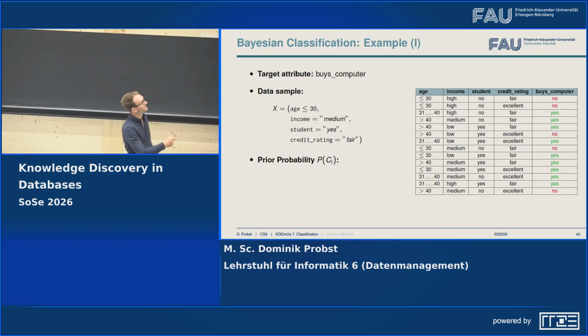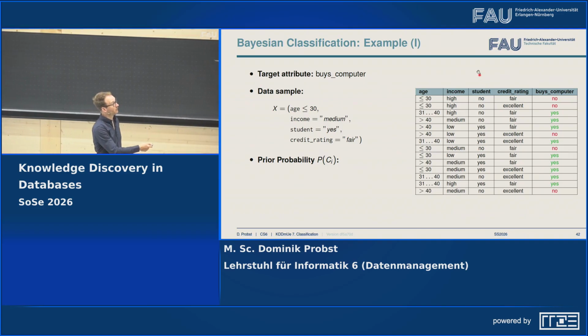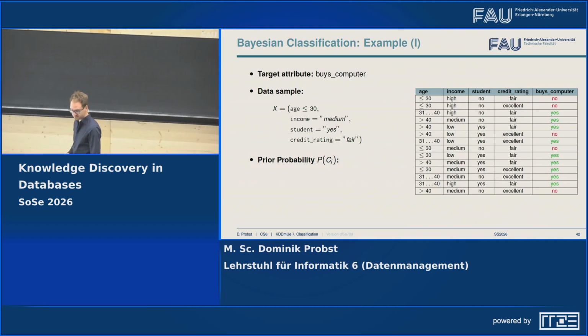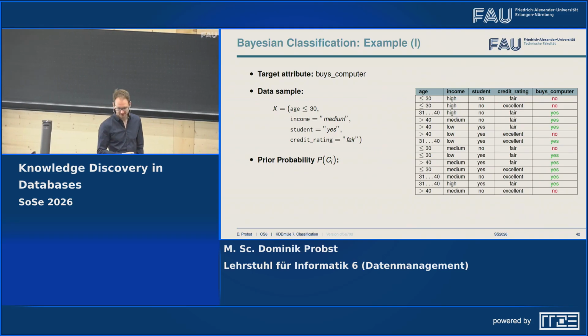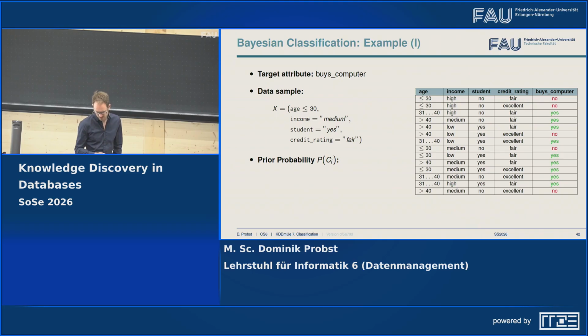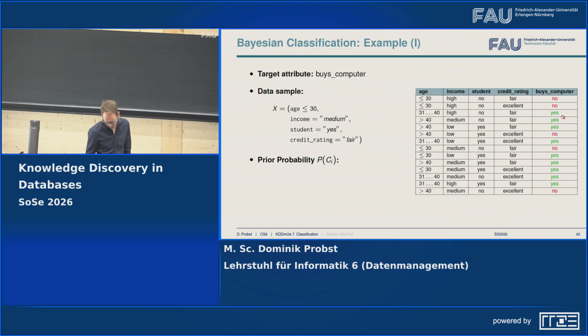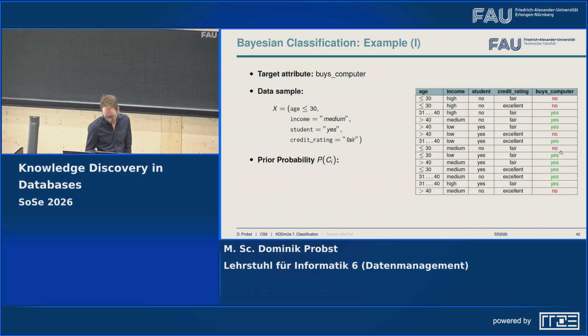It's simply counting how many tuples we have in total and counting how many tuples are within each class. In this case, we have 5 no's and, let's count, 1, 2, 3, 4, 5, 6, 7, 8, 9, so 9 yes's.